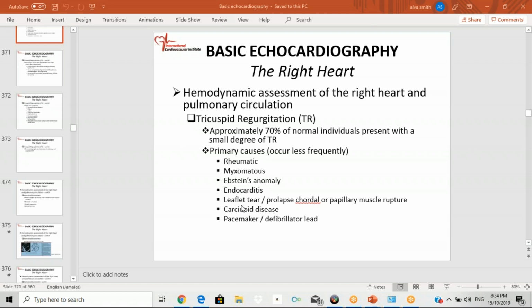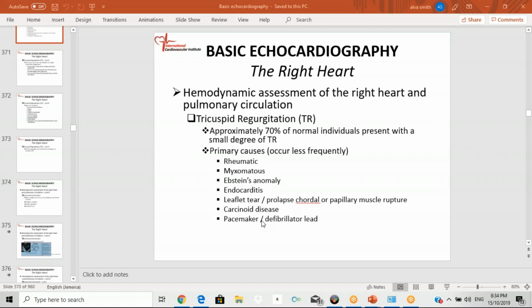I mean, all clinics have a patient like that. Every clinic has a patient who has had tricuspid valve rupture because of blunt chest trauma, and you have to repair it. Okay, you can get leaflet tear, you can get rupture of the papillary muscle and then prolapse of the valves.